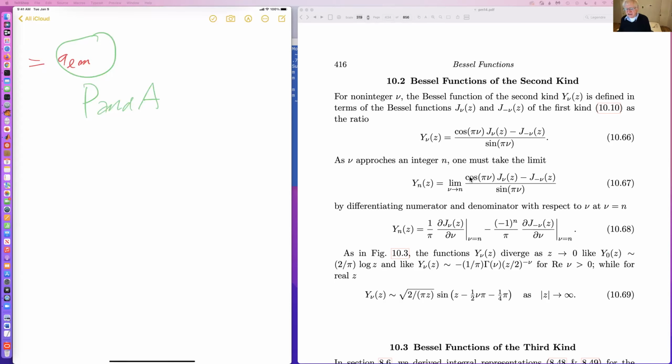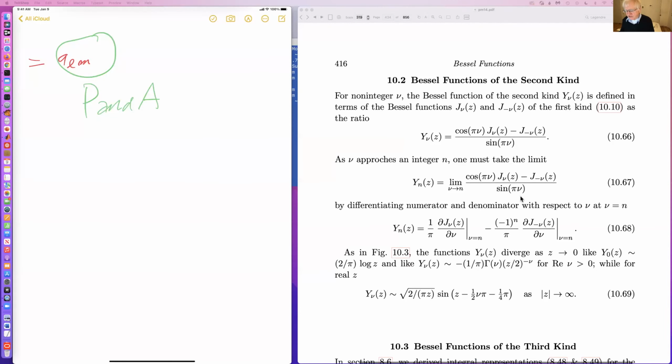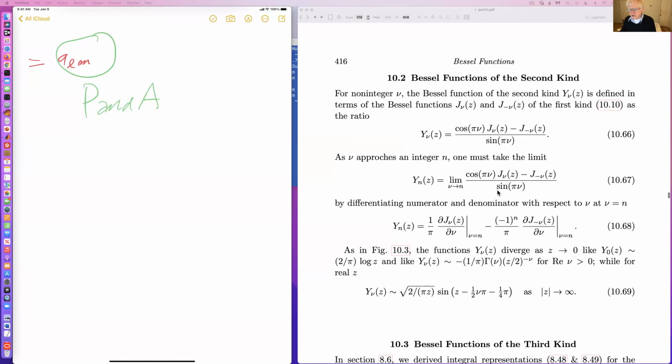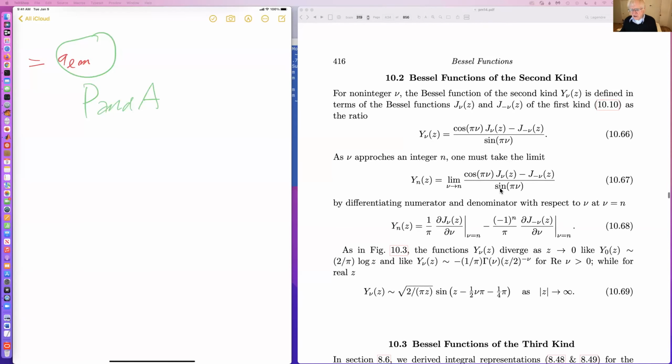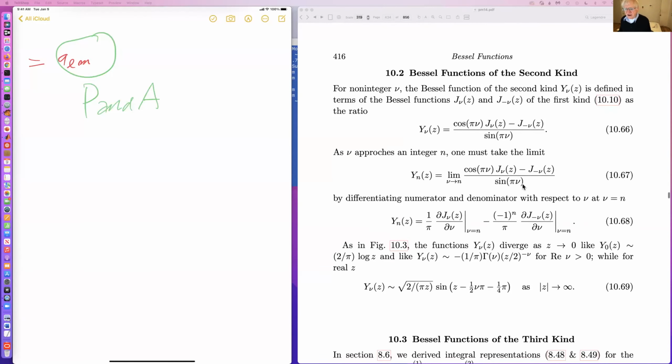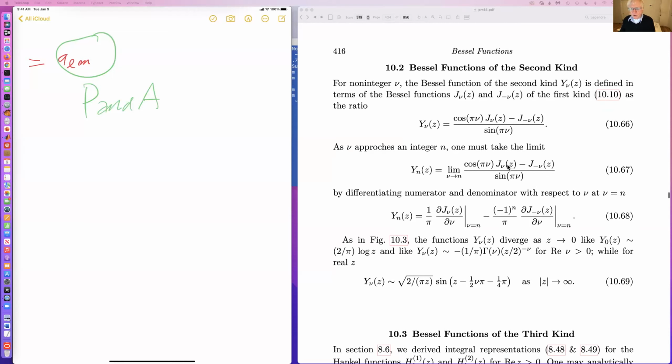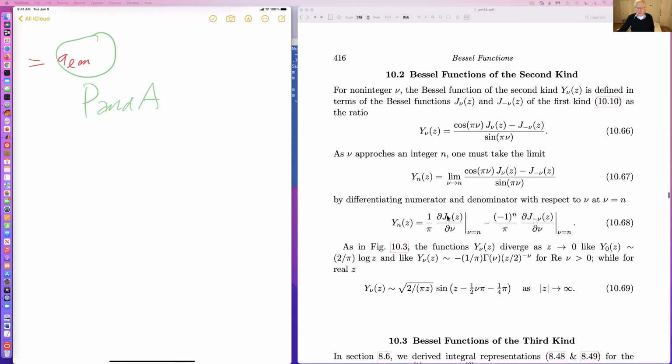If we just set nu equal to n, we get 0 over 0, and that's not well defined. So we say this is equal to 0 plus the derivative of the denominator and 0 plus the derivative of the numerator. We take the ratio of the derivatives, and what we get is basically this expression.